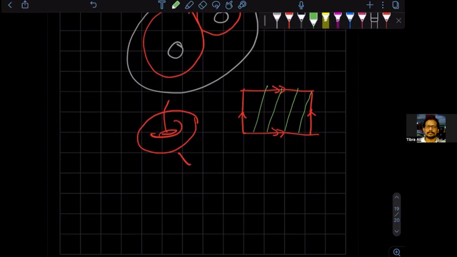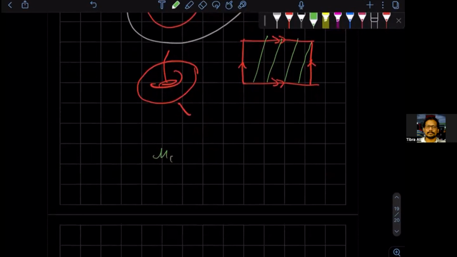The thing is that if two spaces have the same topological invariant, suppose you have two spaces, say M1 and M2, and they have some topological invariant, say T1, and suppose they're the same, that does not mean that M1 and M2 are topologically equivalent.